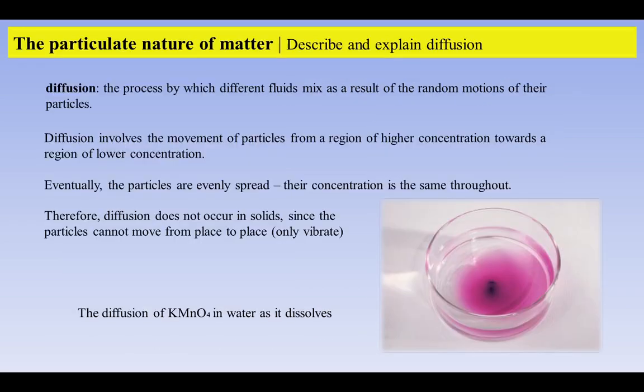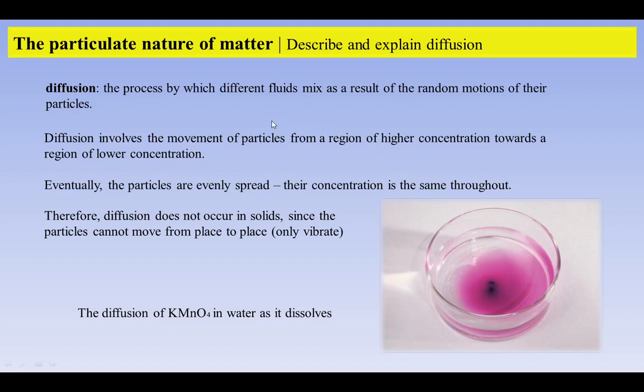Now on the last point, let's try here to describe and explain what we call diffusion. Diffusion is the process by which different fluids mix as a result of random motion of their particles.